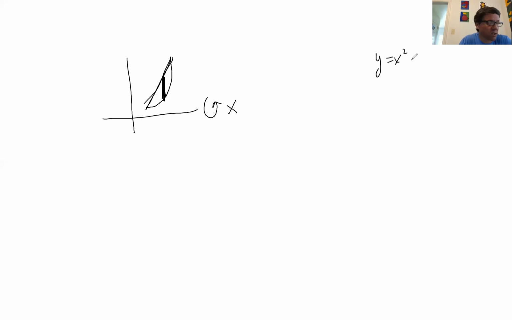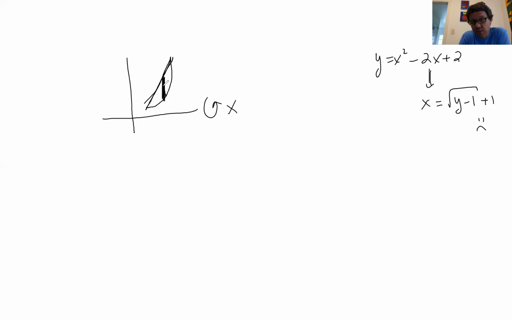If you wanted to go side to side, then you have to get all of your equations in terms of x. And that equation ends up looking like this: the square root of y minus 1, plus 1. I think if you solve for x, you get that. And I don't want to integrate that, so I'm not going to.